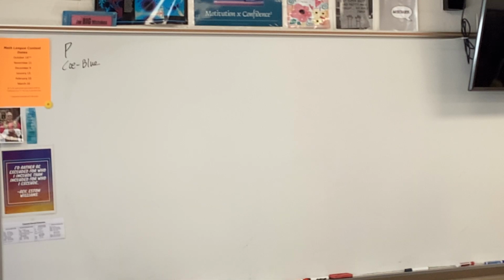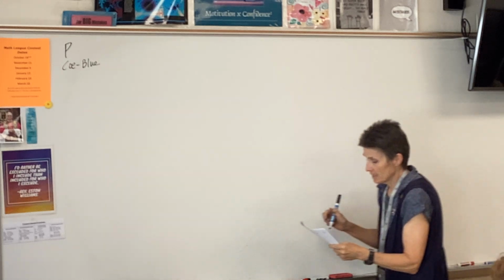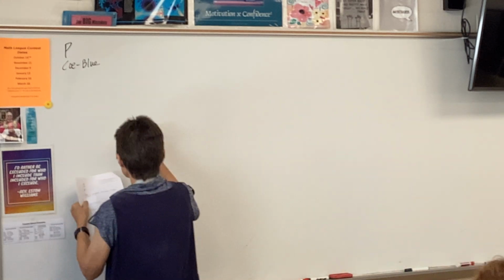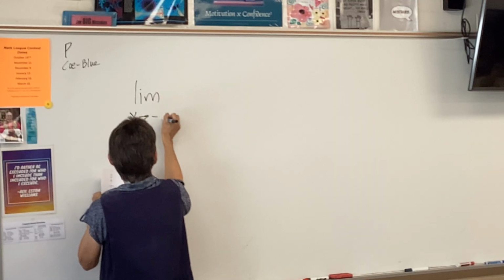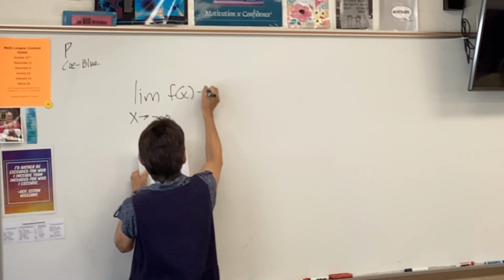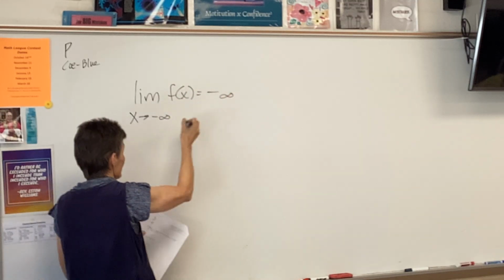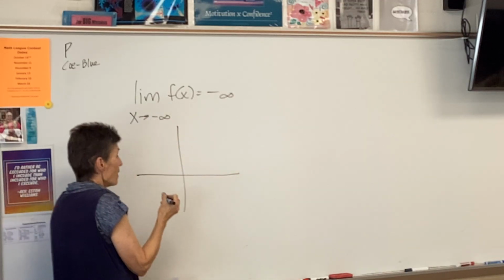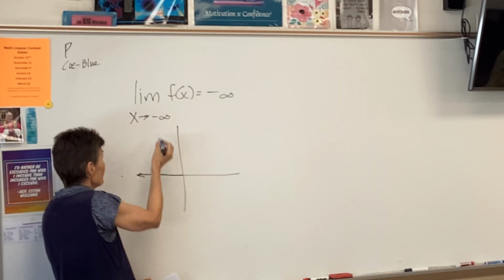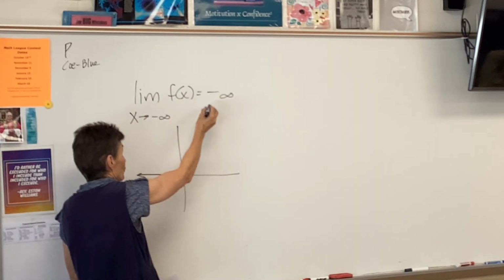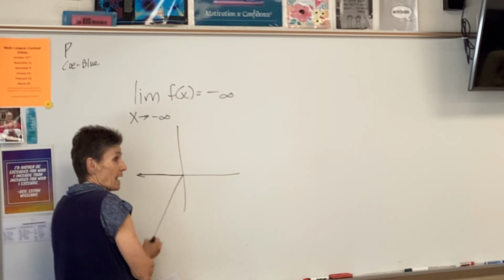Alright, number 26. You're to name the 3 functions with this end behavior. Now remember, this notation means that as you go to the left, this is negative infinity, your curve is going down.